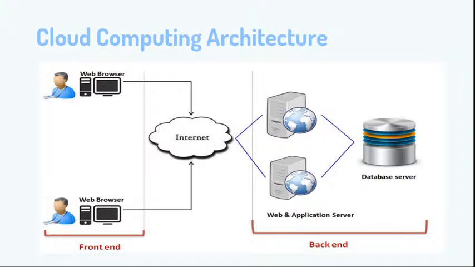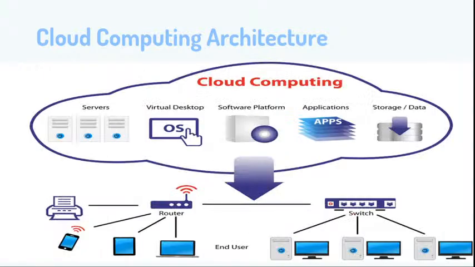So in cloud computing architecture, here you can see what you can access through the cloud. For your company, if you want only servers, you can use servers, or you need a virtual desktop, for example if you want to access a different type of OS.